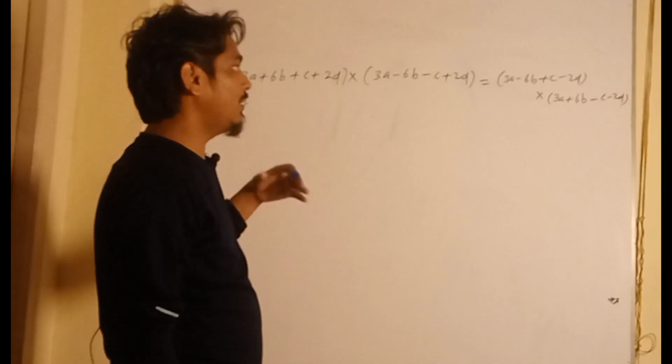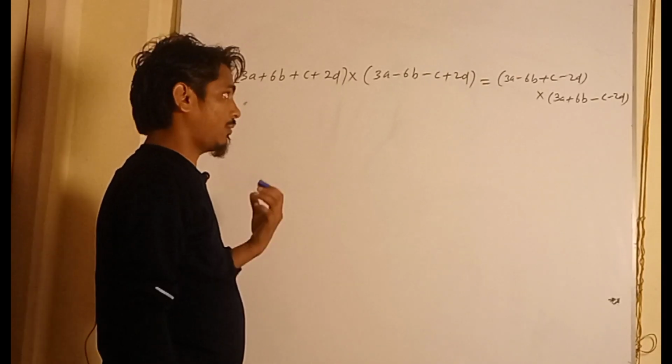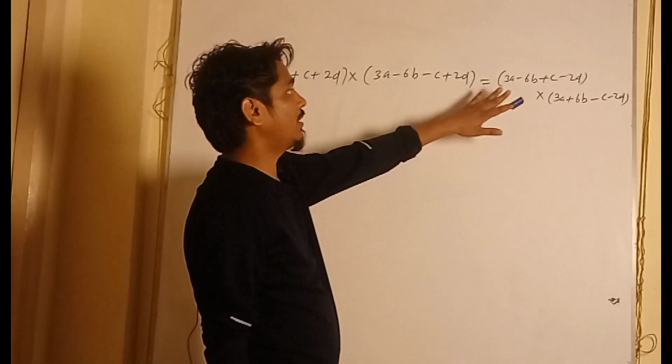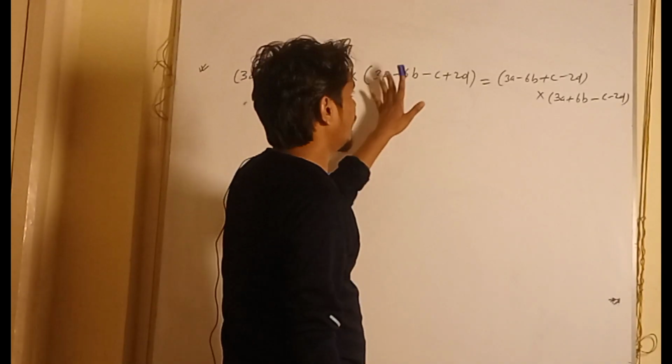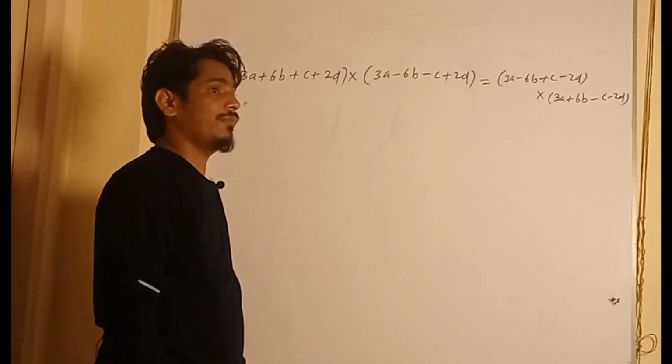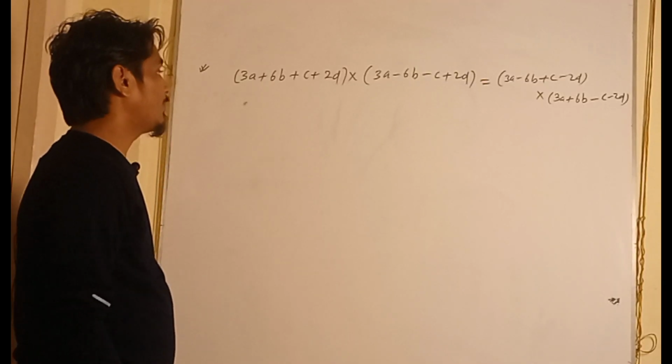So we'll use alternendo, or by cross multiplication we can just bring this term to the left and this one to the right, and then we'll get to use componendo and dividendo.